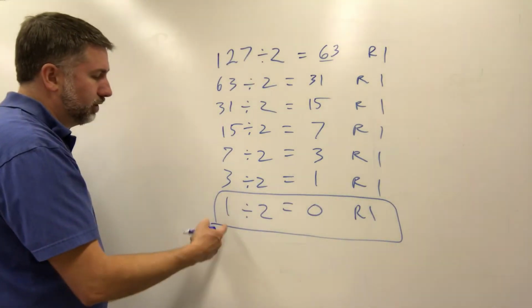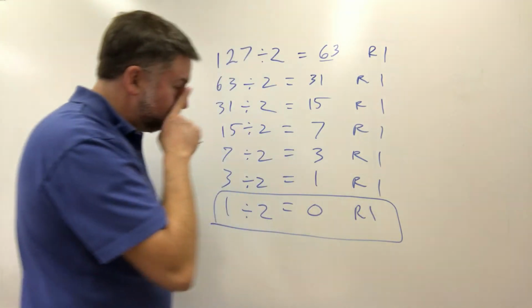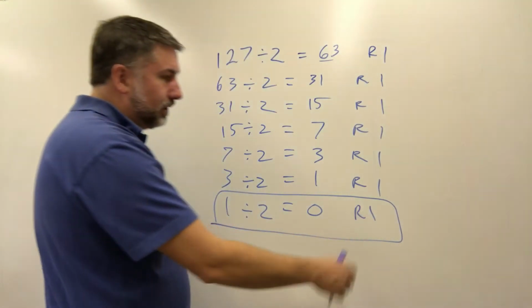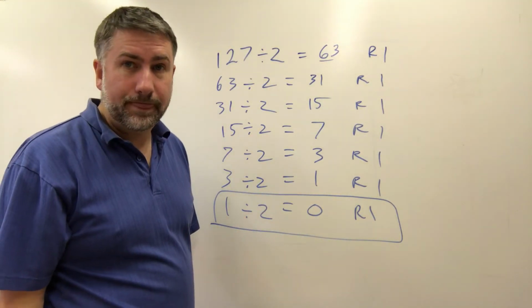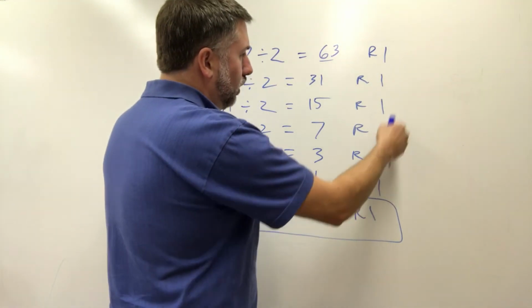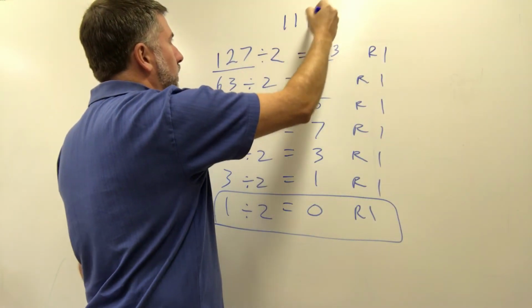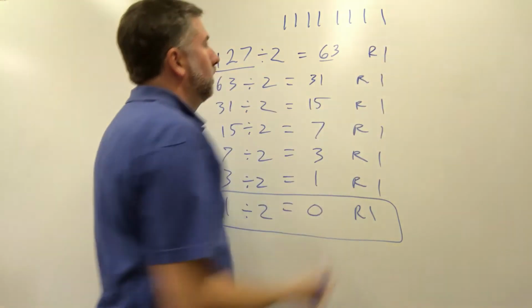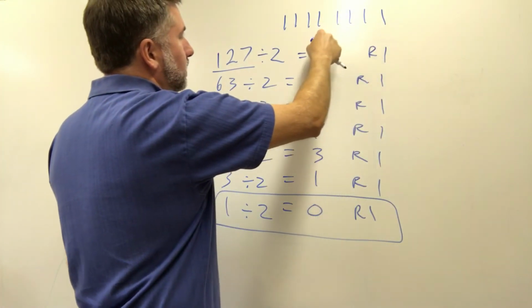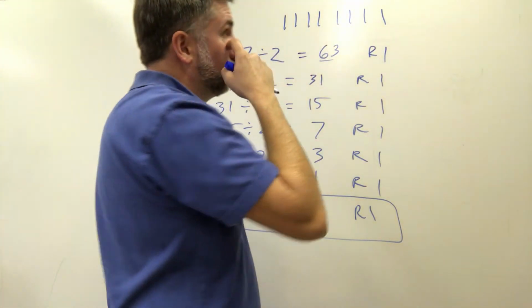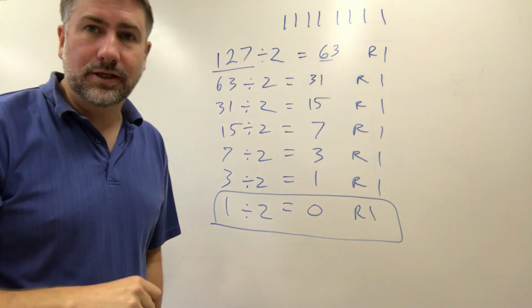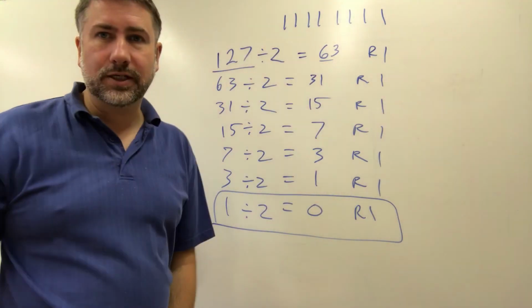We're always going to get 1 divided by 2 is 0, remainder 1, because we need a 1 at the beginning to start our number off. Anyway, 1, 1, 1, 1, look at all these 1s. So the number 127 is 1, 1, 1, 1, 1, 1, 1. It's 1 and 2 and 4 and 8 and 16 and 32 and 64. And that is the way to do this in our second example.